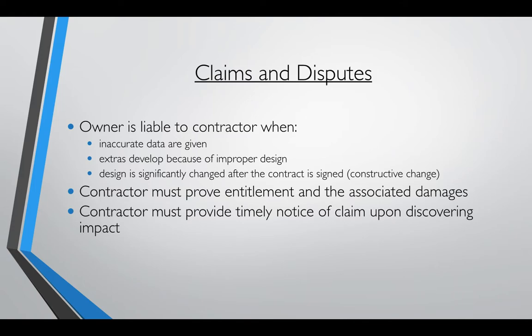So if they see something wrong right away, they should right away send the owner a claim, and it should never be something that they just drag out and want to hold against the owner for later negotiating and bargaining.